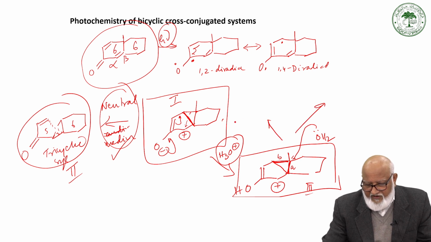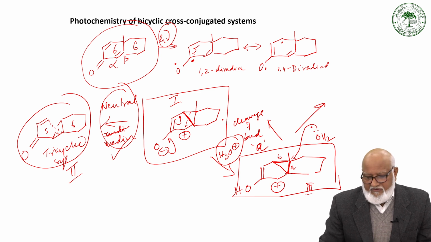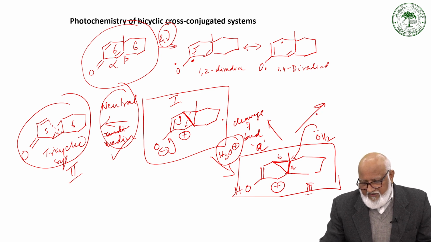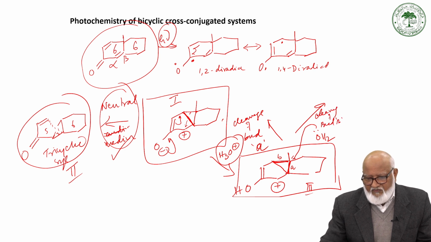So cleavage of bond A, and then we will look at both the products formed after the attack of water on this ring junction, and the cleavage of bond B, to see what product forms.